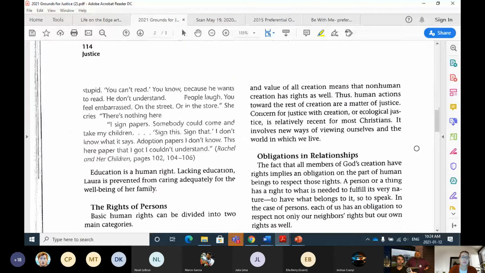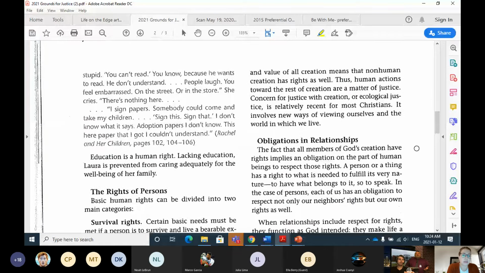You can't read, you know, because he wants to read. He doesn't understand. People laugh. You feel embarrassed. On the street or in the store," she cries, "there's nothing here. I sign papers. Somebody could come and take my children. I sign this, I sign that. I don't know what it says. Adoption papers, I don't know. This here paper that I got, I couldn't understand."